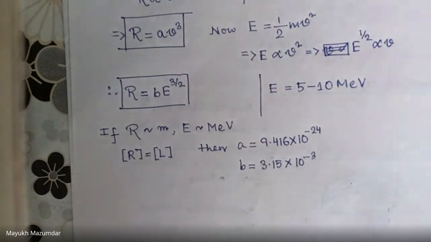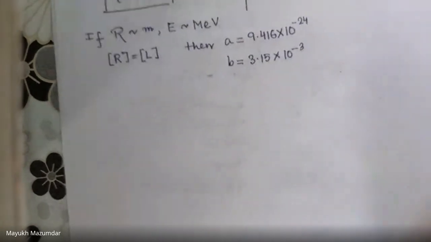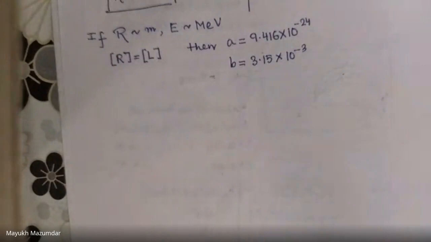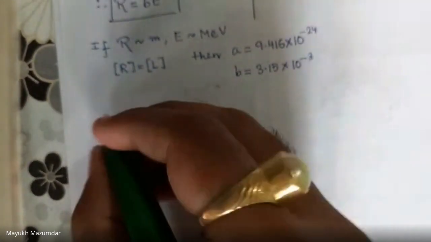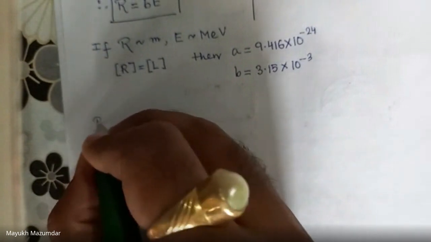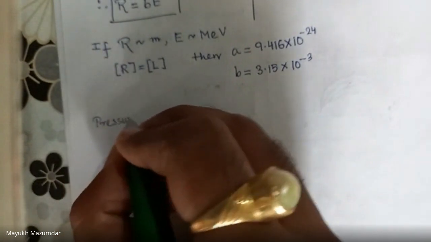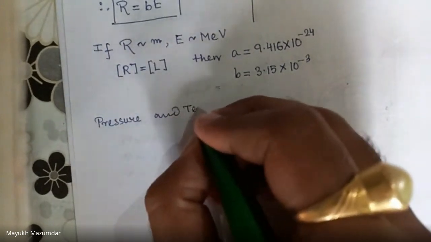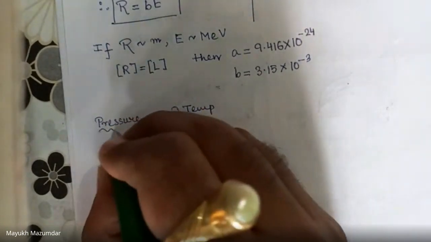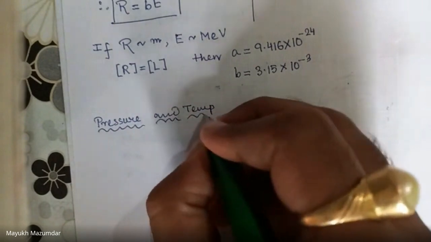Now there are other factors on which range depends. The two most common physical factors are pressure and temperature. How do pressure and temperature affect the range of alpha particles?